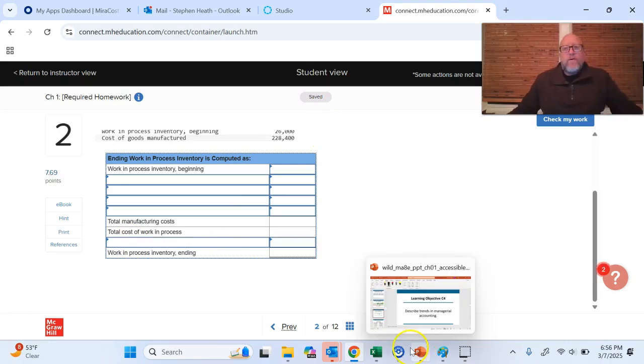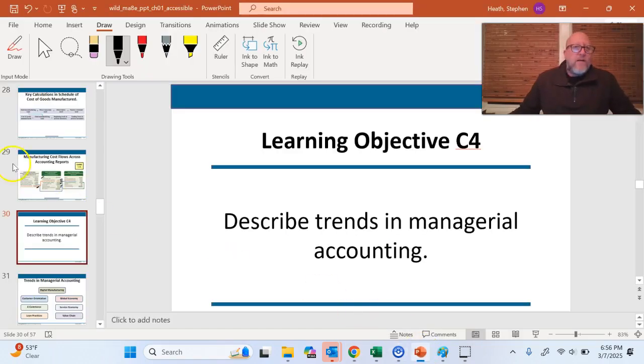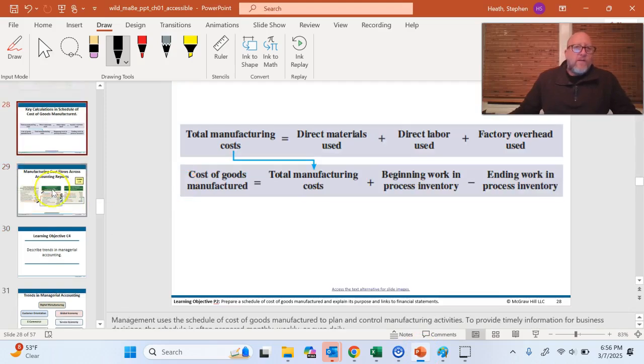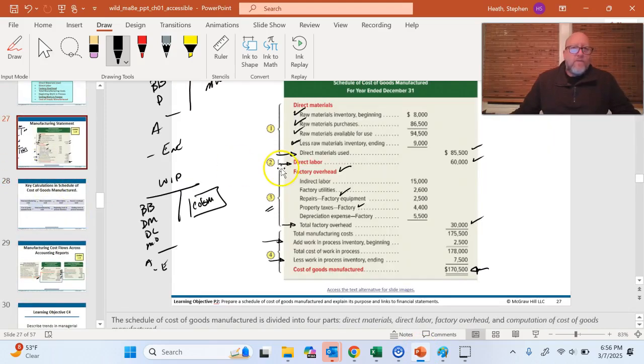If you still need help and you want to look at something that's much better than what I articulated in my scribbling just a second ago, you could go back to these slides and refer to this slide. Again, this is going to be material used, labor, overhead.